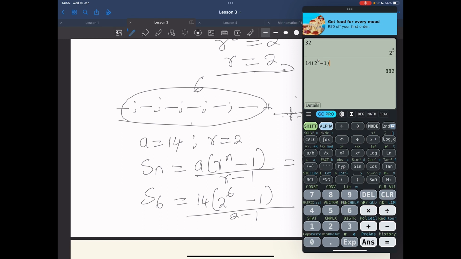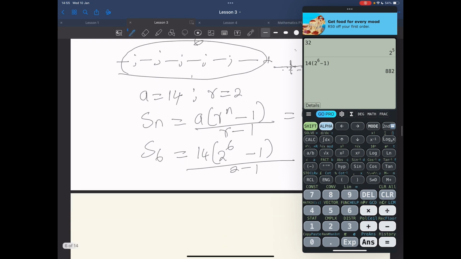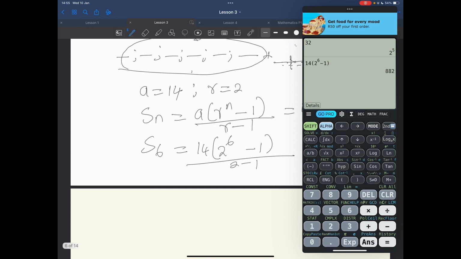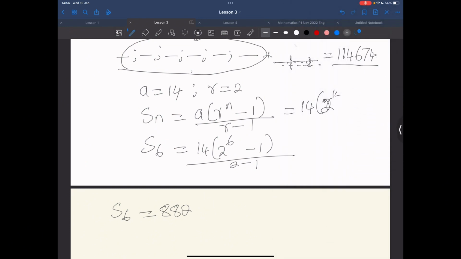Close the bracket. Divide by 2 minus 1, which is just 1. So we can just take that as an answer. So it's 882. So sum 6 is 882. Now we got the sum of 6 terms, which is 882.